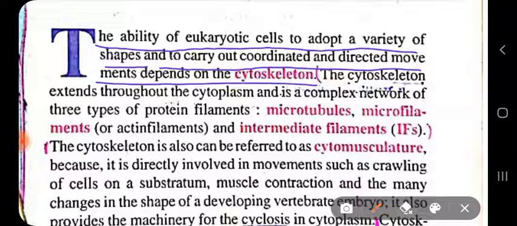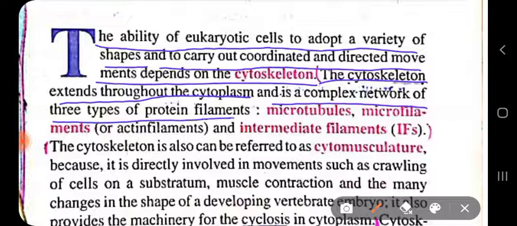Now, the cytoskeleton extends throughout the cytoplasm. It is spread throughout the cytoplasm, and it is a complex network of three types of protein filaments. Basically, three different types of protein filaments are involved in making this pillar, the skeleton part of the cell.